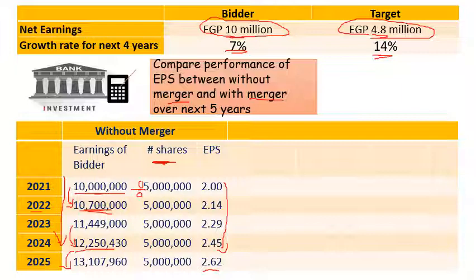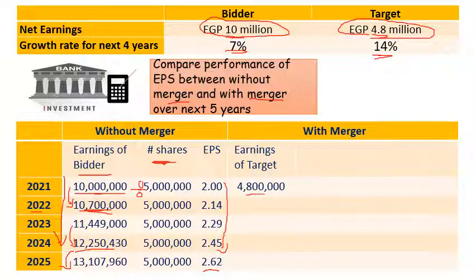But if the company conducted the merger with the target company, the earnings of the target will be accumulated with the earnings of the bidder. So the earnings of the target company are expected at the end of the current year to be 4.8 million Egyptian pounds, and this amount will grow at a greater growth rate, which is 14%.